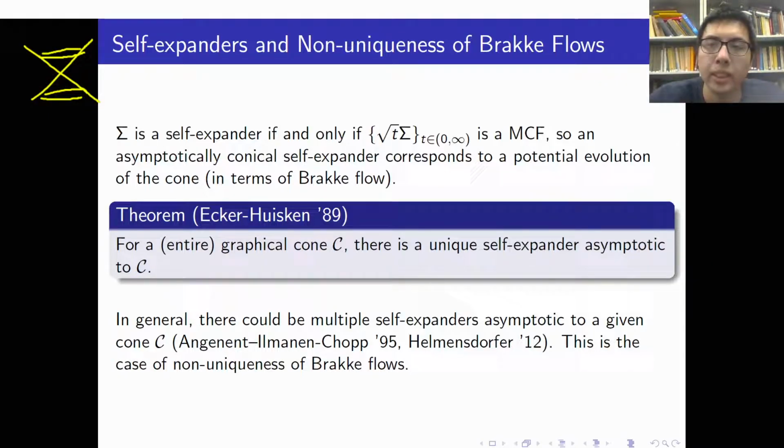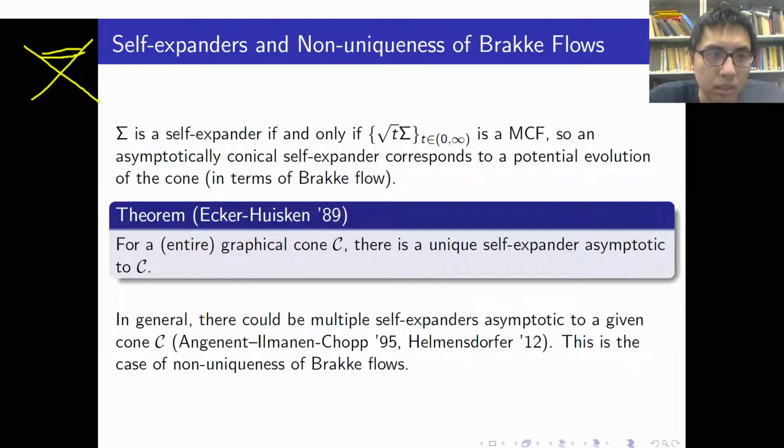So it's rotationally symmetric and it's reflection symmetric across some hyperplane. Then what Angenent, Ilmanen, Chopp, and Helmensdorfer and Stauffer showed is that there are at least three self-expanders asymptotic to this cone.